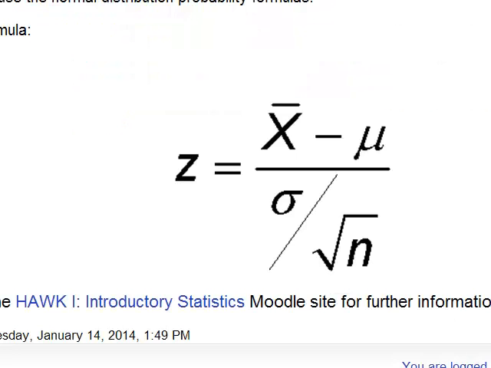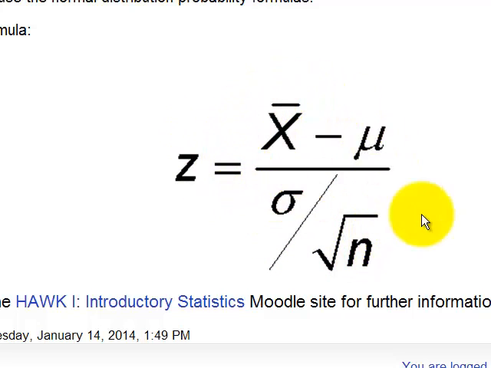There it is. So if you remember the original z-score, it was just the individual minus the mean divided by the standard deviation. But now you're talking about a sampling distribution. You're comparing the sample mean to the stated population mean, divided by the stated population standard deviation divided by the square root of the sample size.